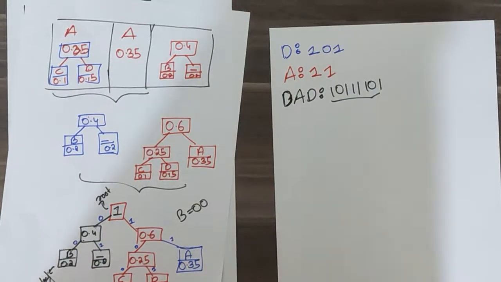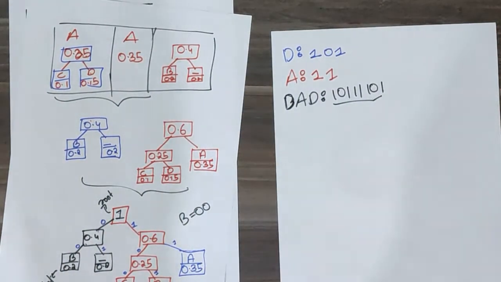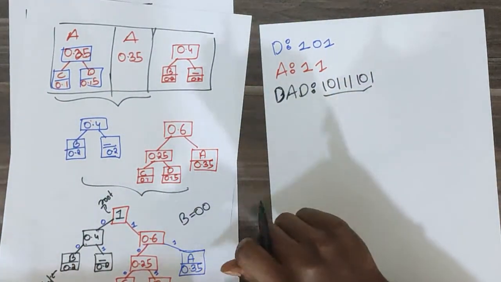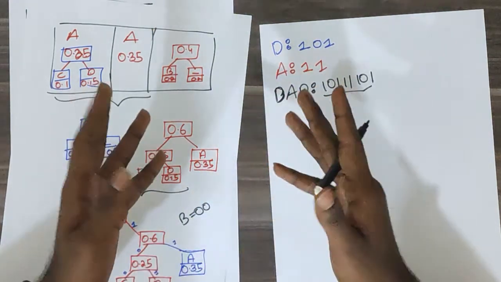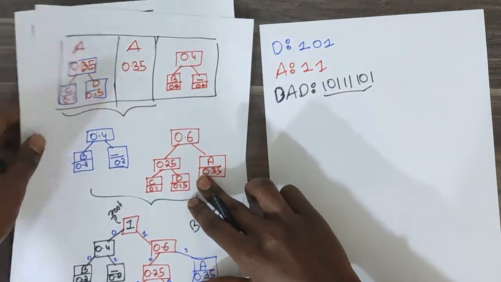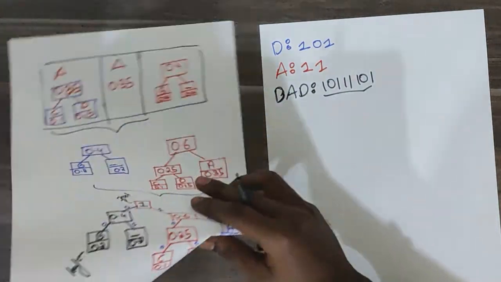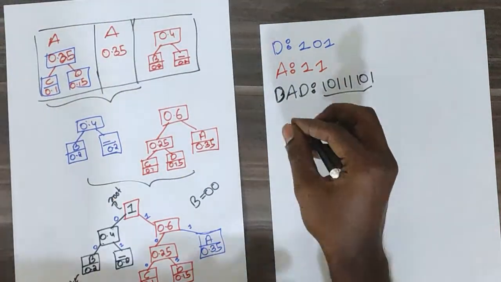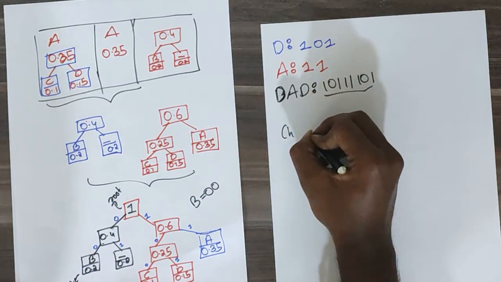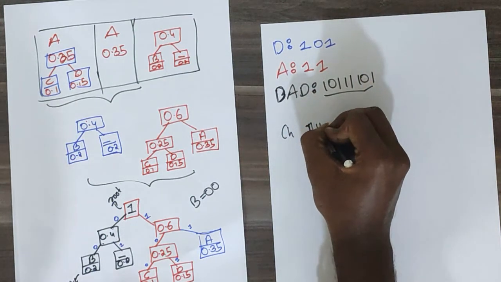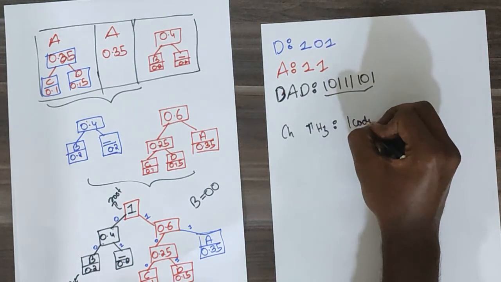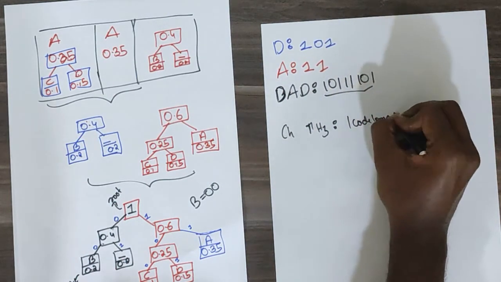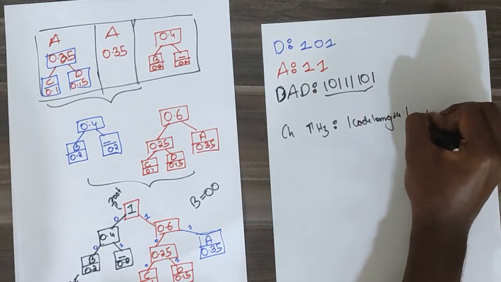A few of the important things which you have to take into consideration in the Huffman tree is, it's so beautiful that for the characters with high frequency, the code length would be minimum.